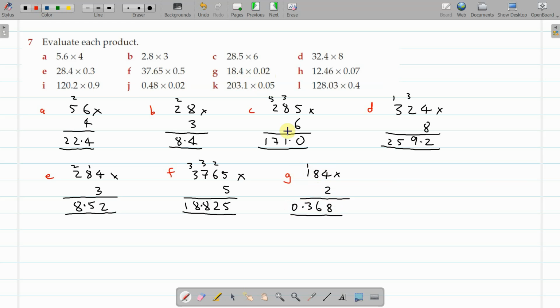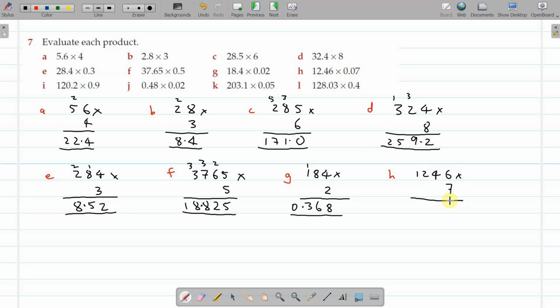Okay. H. 12.46 times. Oh, sorry, forgot. Pardon me, my bad. We're taking the decimal point out. Okay, just try that again. 12.46. No decimal point. And that's just 7.